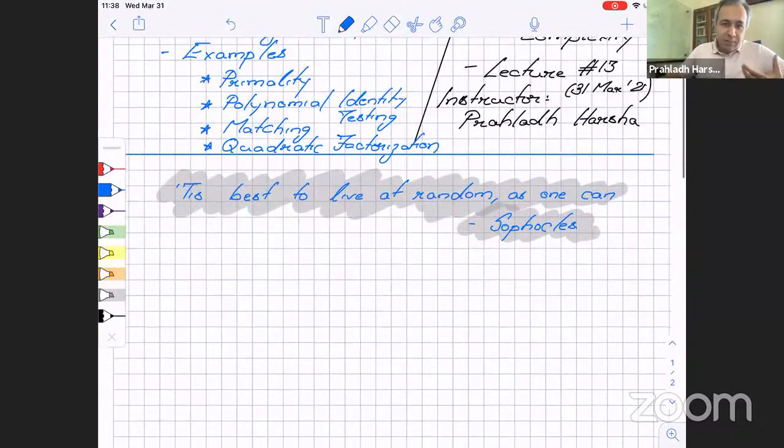Even before I define what randomized computation, or RP or BPP, the corresponding probabilistic classes, are, we'll motivate ourselves with a few examples. We'll see the surprising effectiveness of randomness. We'll see a few algorithms for which we can come up with very efficient randomized algorithms which are much cleaner and nicer, and then go on to define the formal probabilistic model of computation and the relevant classes, RP, co-RP, BPP, towards the end of the lecture.